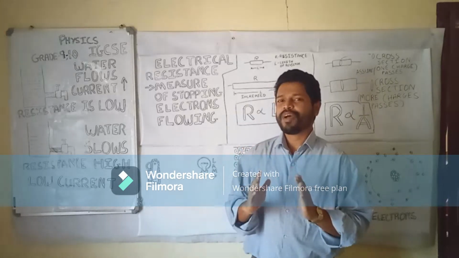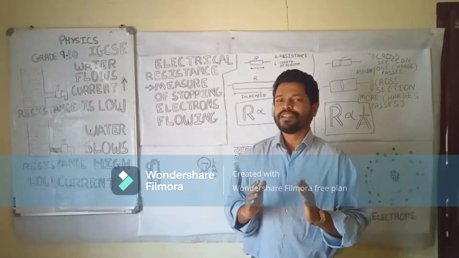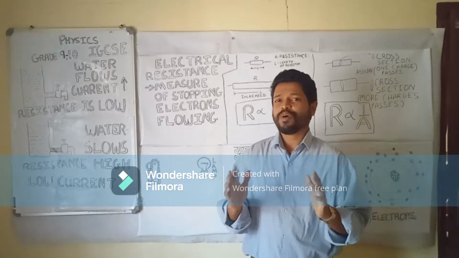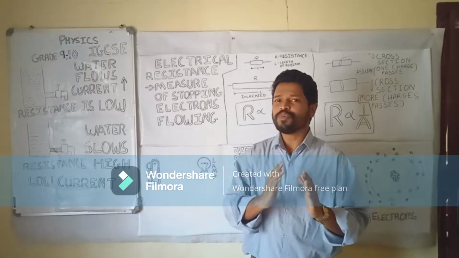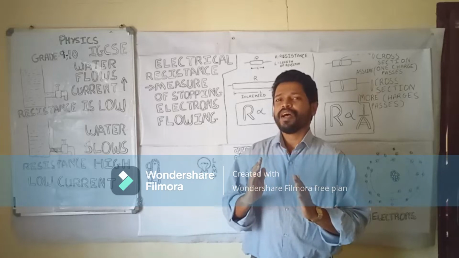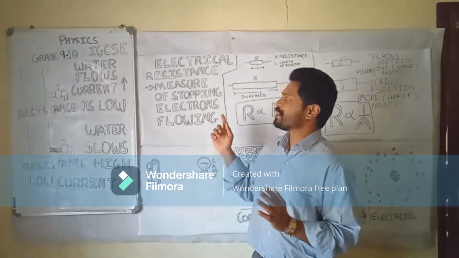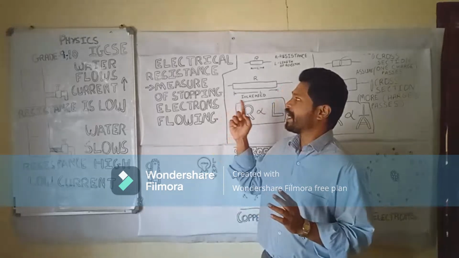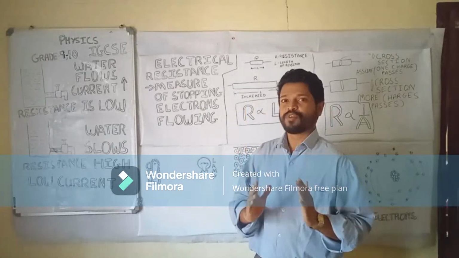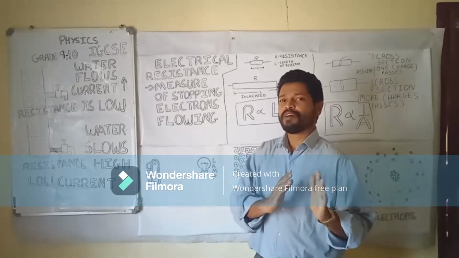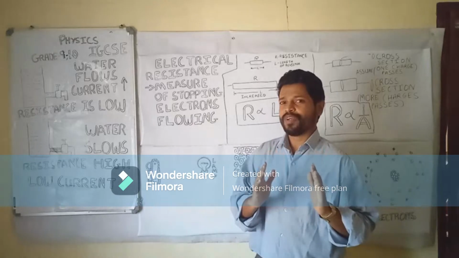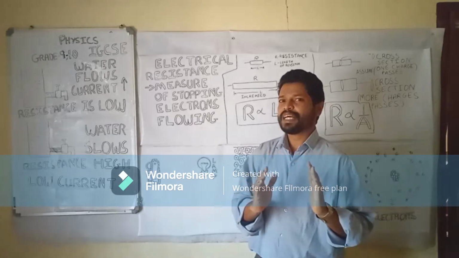In an electric wire, as I told you earlier, there are many electrons moving randomly here and there. So when the electrons move and they get an obstacle, a collision, that is called resistance. So that is electrical resistance. You can picture yourself as an electron and behind you there are 50 to 20 electrons coming through a door, and that door is called resistance.